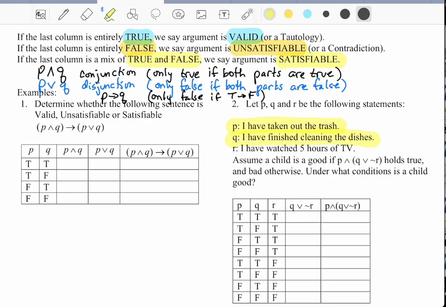But if we could determine whether it's true or false, then we're really getting an idea of a structure that leads to a true outcome, or false, or otherwise. So going down the list for P and Q, it's only true if both parts are true. So these are the both parts, right? The only instance in which it would be true is that one. Everything else will be false.